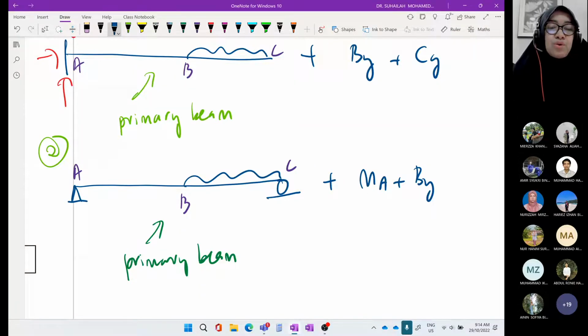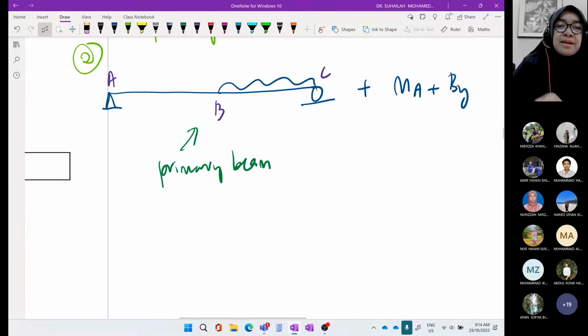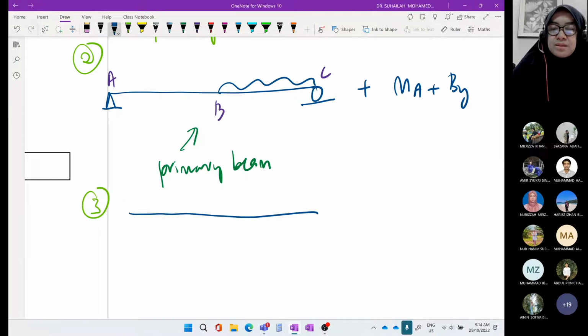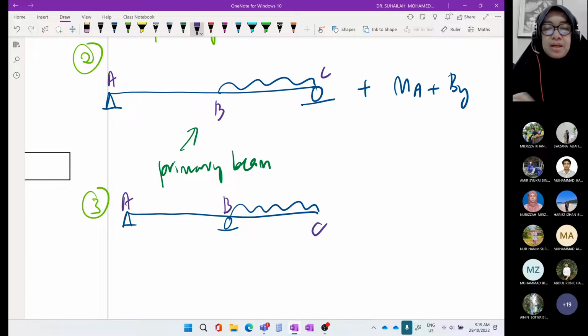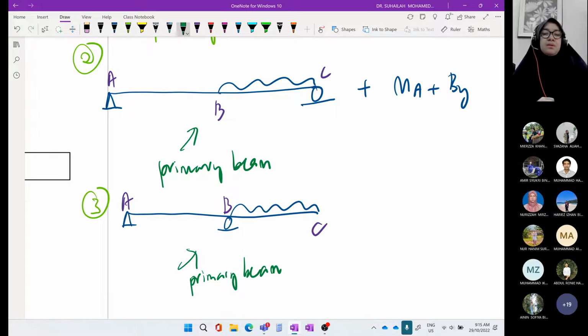Okay, another set is set number 3. Set number 3 is when we have this as the primary beam A, B, C. If this is the primary beam, what are the two redundants that we remove from the system?